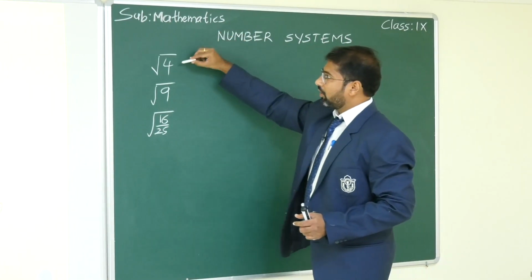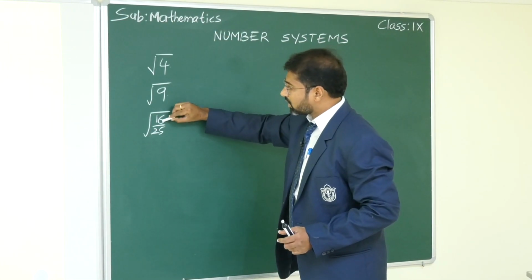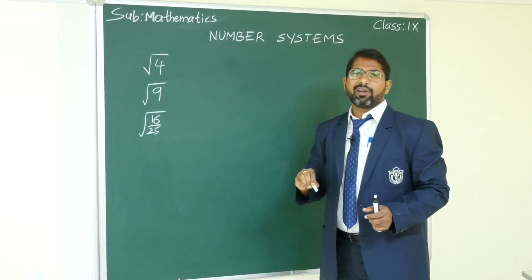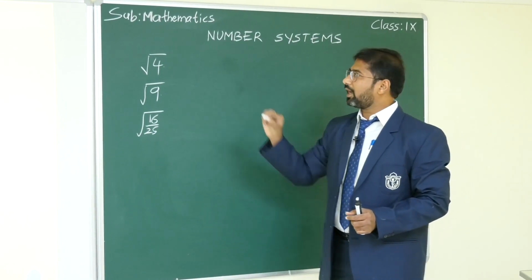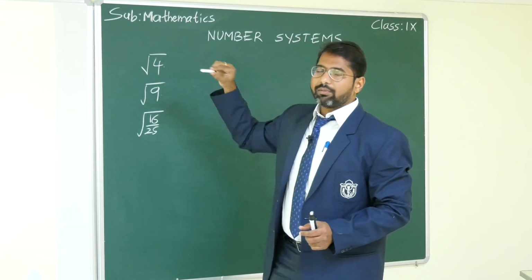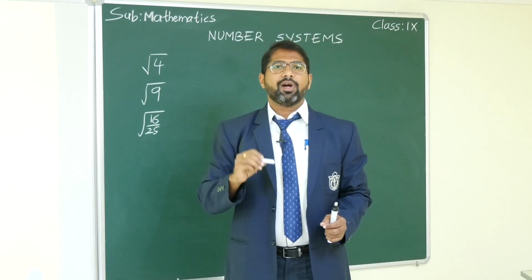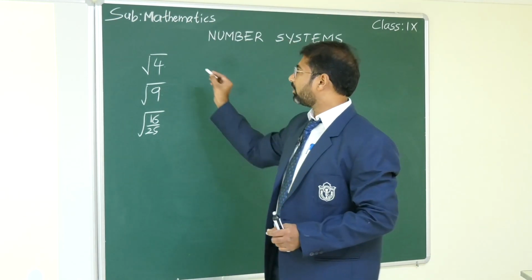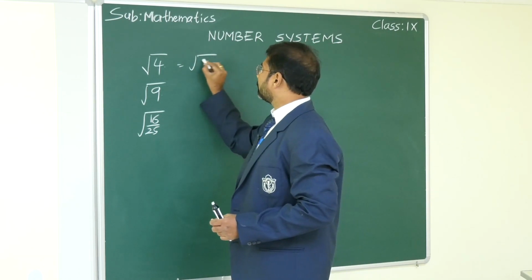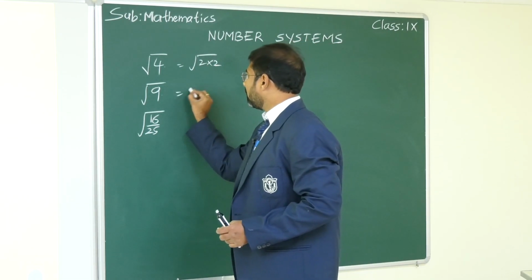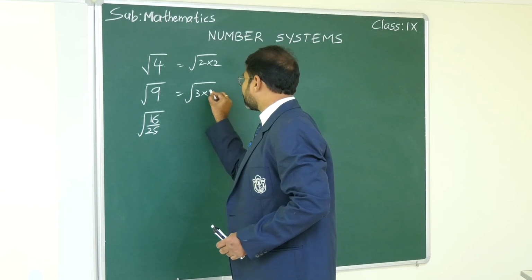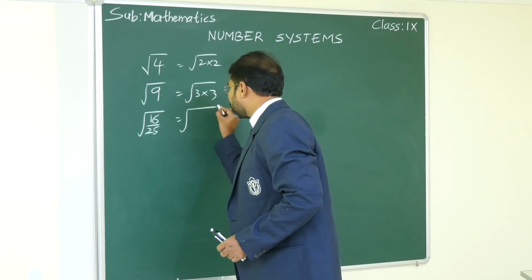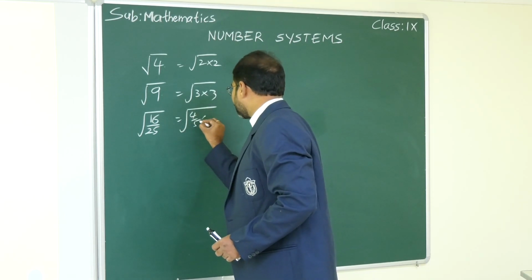Here 4, 9, 16 by 25 are perfect squares because I can write all these numbers as a product of two equal factors. I can write 4 as 2 into 2, 9 as 3 into 3, 16 by 25 as 4 by 5 into 4 by 5.